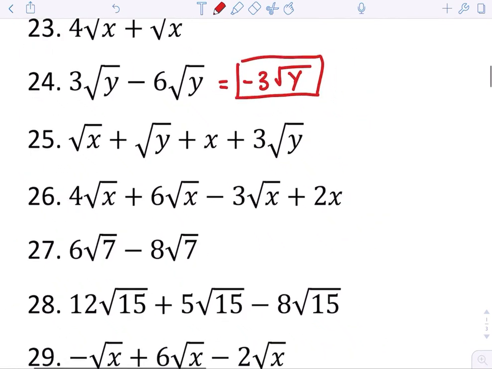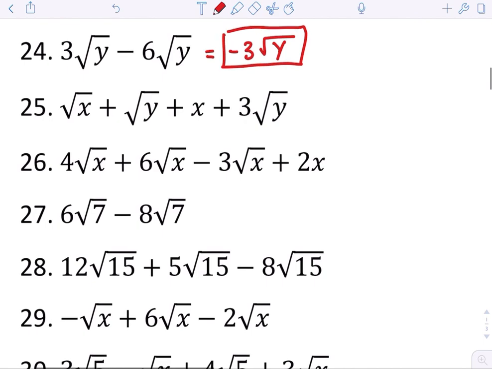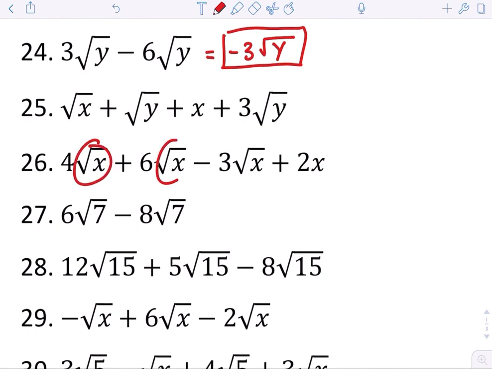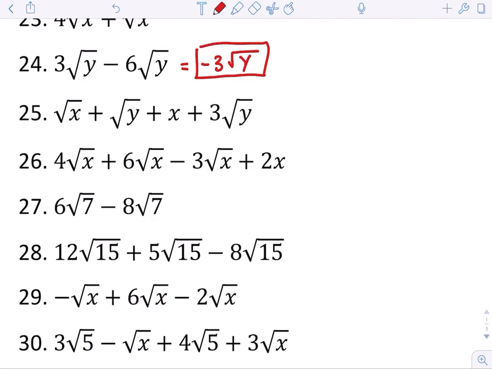Okay, number 26. These have the same root and same radicand, so we could just combine like terms. So 4 plus 6 is 10, minus 3 is 7, so we're gonna get 7 square root of x plus 2x.